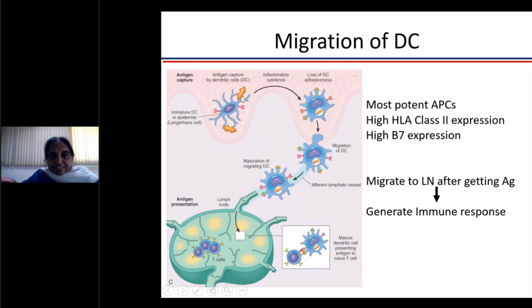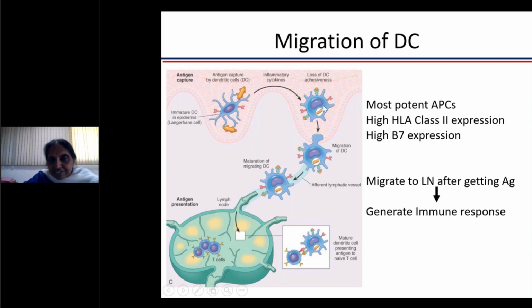The Langerhans cell has captured this bacteria and produced some pro-inflammatory cytokines. Once it produces the pro-inflammatory cytokines, the receptors on it change, and it loses its capacity to stay inside the skin. The homing receptors are down-modulated, and now it can move into the lymphatics.